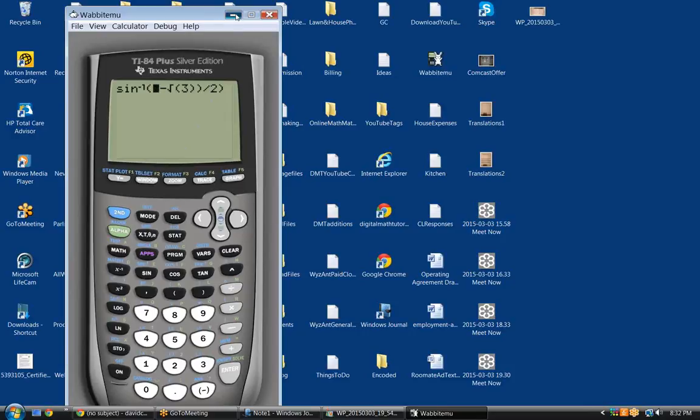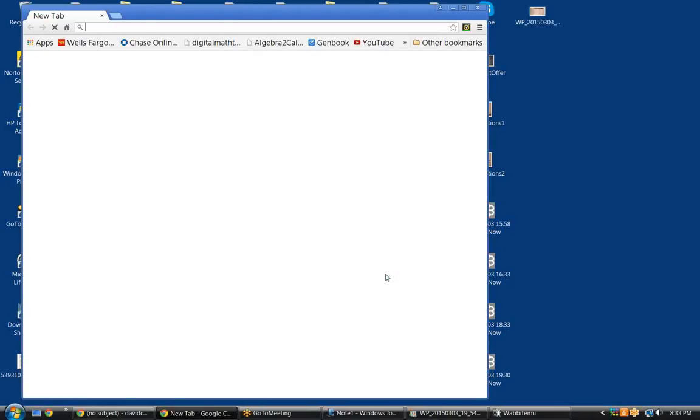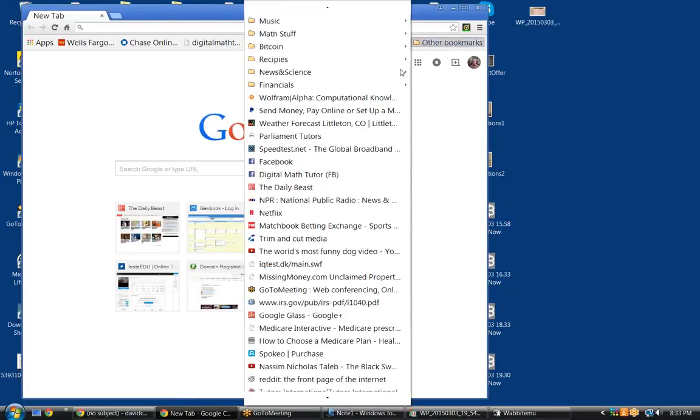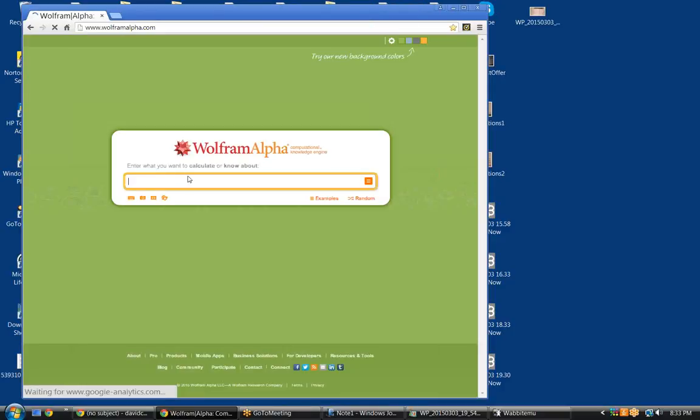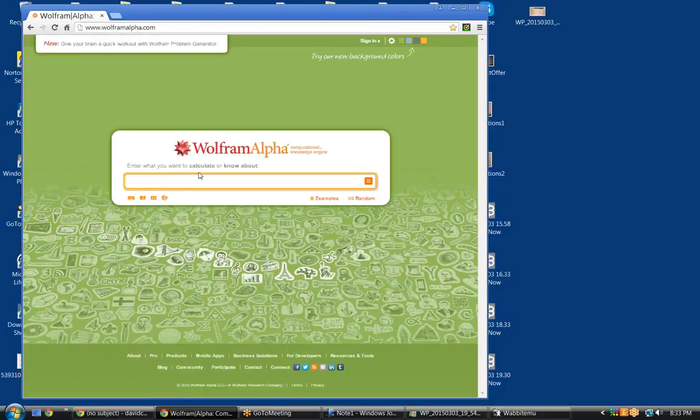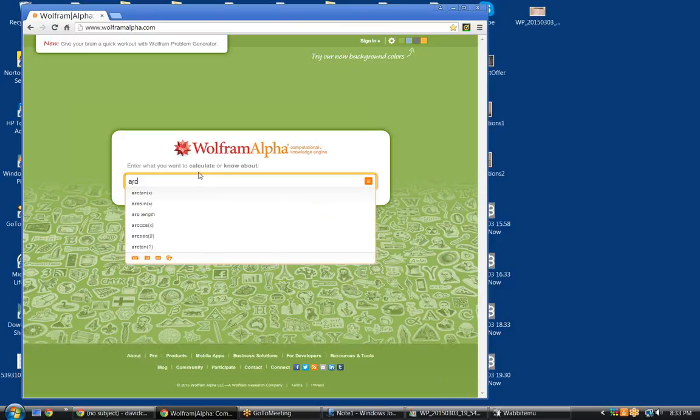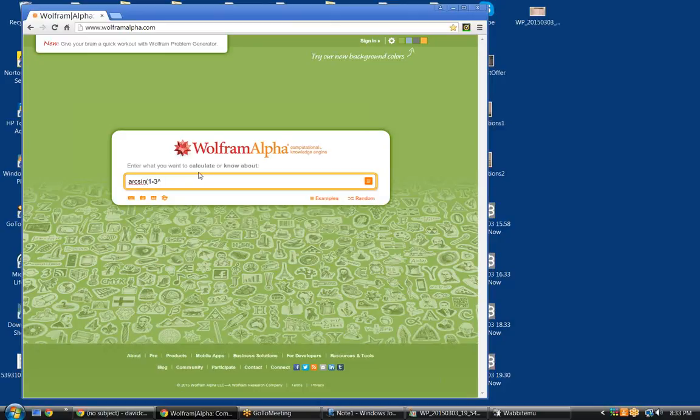Let me do it on Wolfram Alpha so I can at least see the feedback to make sure I'm getting it in there properly. I want the arc sine of 1 minus root 3, which is 3 raised to the 0.5 power, and I want all of that to be divided by 2.